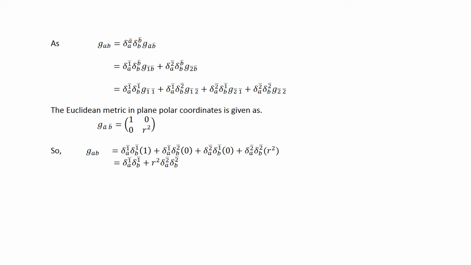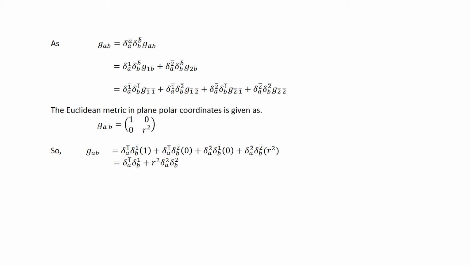As this equation has two variables, just like in Cartesian coordinates it is x and y. If we are in polar coordinates, there are two variables, r and theta. So the variation of A and B and all other numbers, meaning A B or A bar B bar, will be up to 2, 1 and 2.